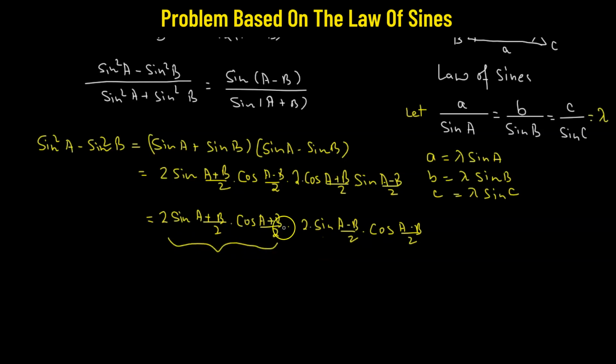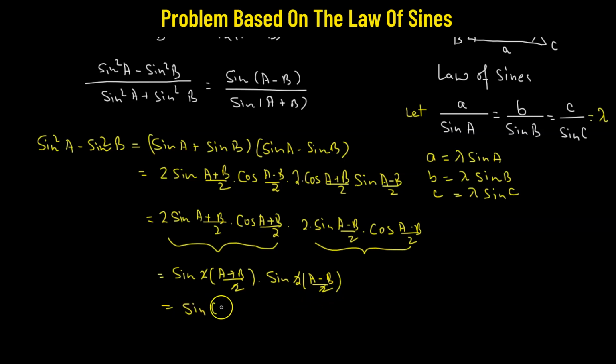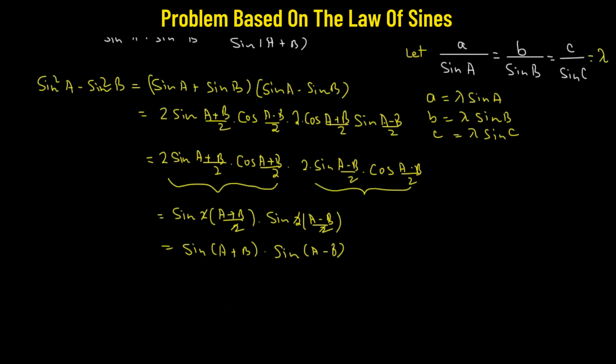Now 2 times sine (A plus B)/2 times cosine (A plus B)/2 is sine of 2 times (A plus B)/2. Similarly, this will become sine of 2 times (A minus B)/2. So the 2 and 2 get factored out. This leaves us with sine (A plus B) multiplied by sine (A minus B). That means sine squared A minus sine squared B can be replaced with sine of (A plus B) times sine of (A minus B). So let's do that.